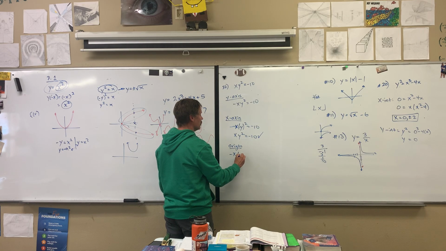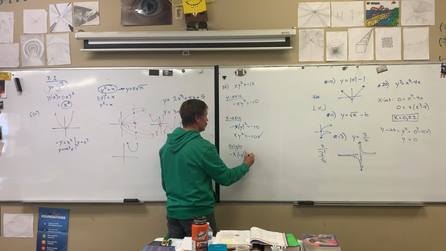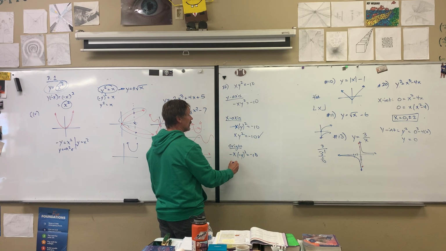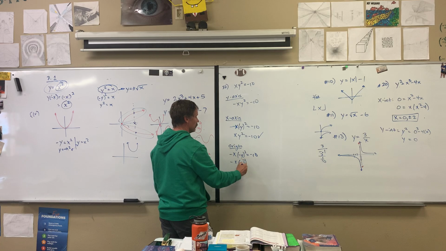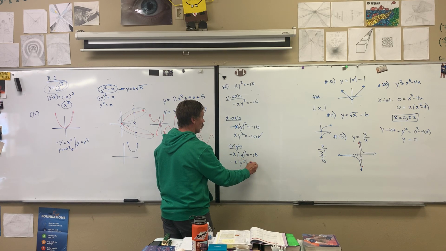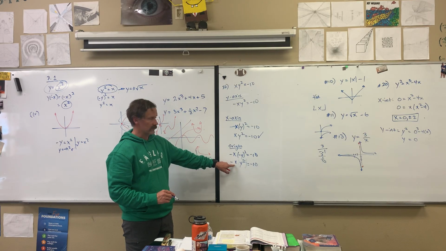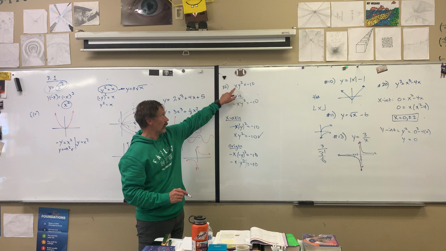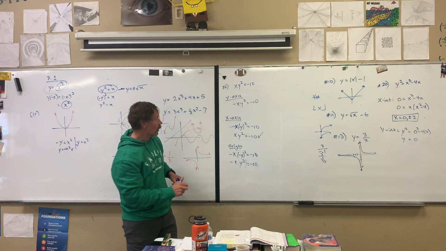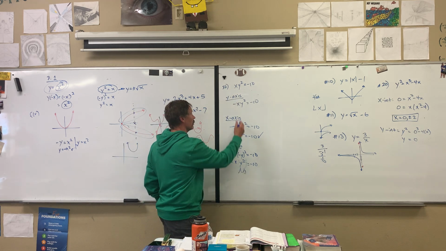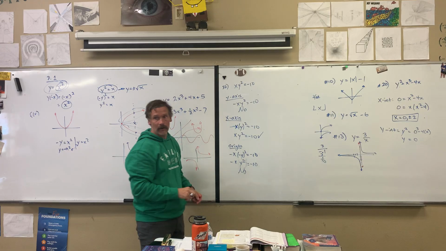Negative x and negative y. So you end up with a negative x y squared, parentheses on there. Therefore, is it the same? No, because it's now got a negative x that didn't go away, which isn't the same. So no, not symmetrical over the origin.